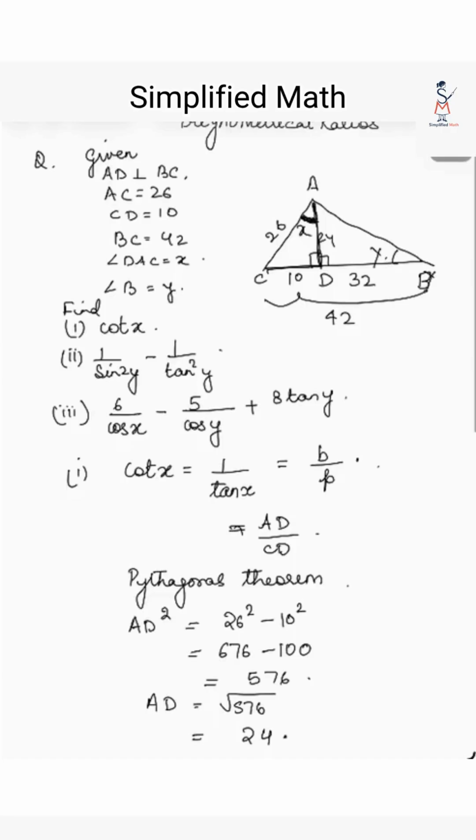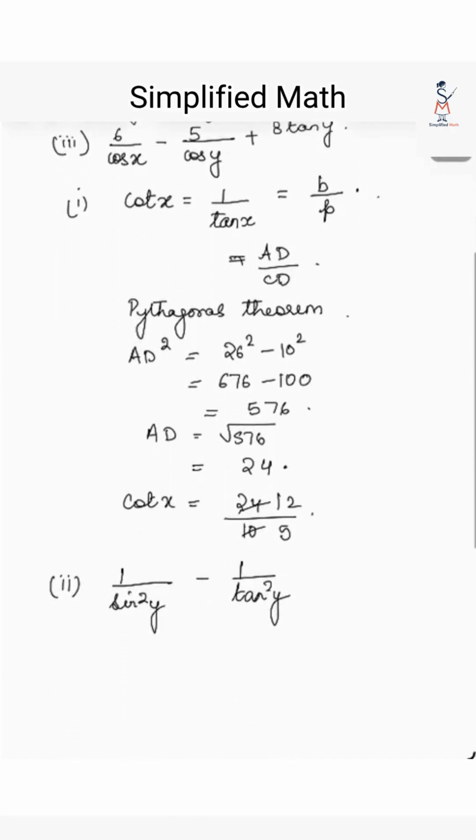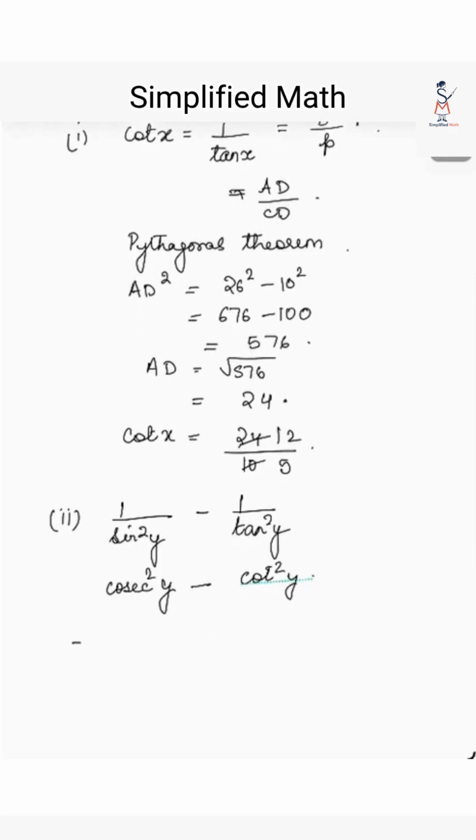Another way which I am showing you here is 1 by sine square y is cosec square y, because 1 by sine is cosec y, the reciprocal, and 1 by tan square y is cot square y. Fine. Now cosec y is h by p, the whole square.